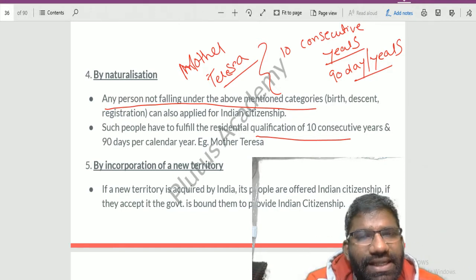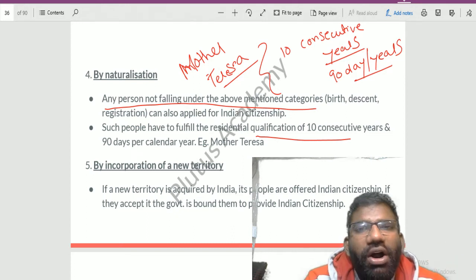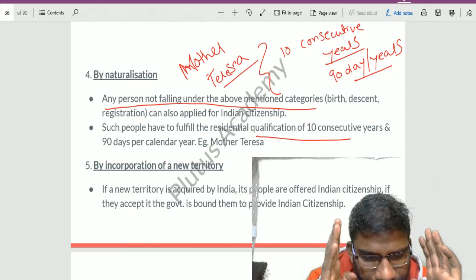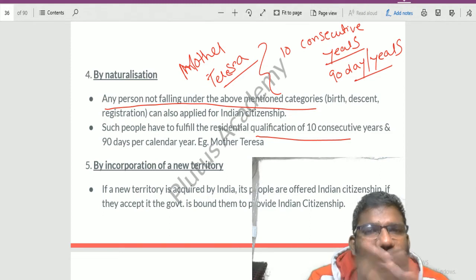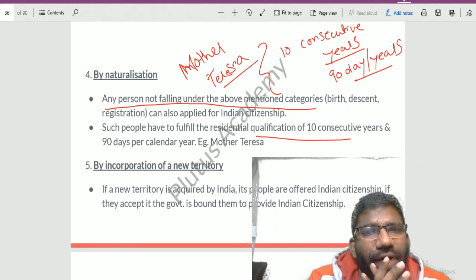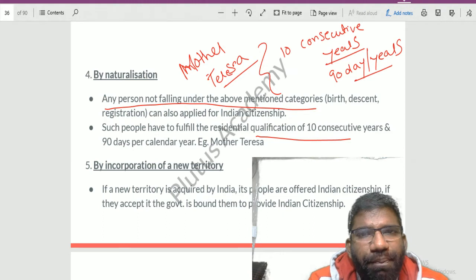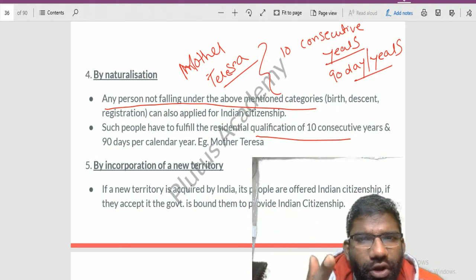It also states that India provides for only a single citizenship. Article 11 talks about how Indian citizenship can be acquired and how it can be lost. We talked about the 5 modes of acquiring Indian citizenship: by birth, by descent, by registration, by naturalization, and by incorporation of new territory.